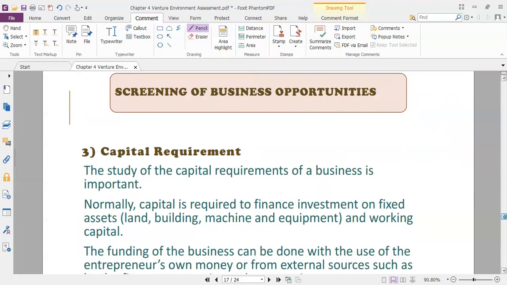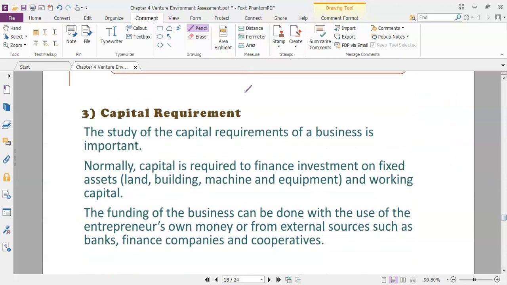And then 3, capital requirement. The study of the capital requirement is that the modal lah, capital, the money that we need to invest in the business is very important. Normally, capital is required to finance investment on fixed assets. So we must think from where we should have the capital.